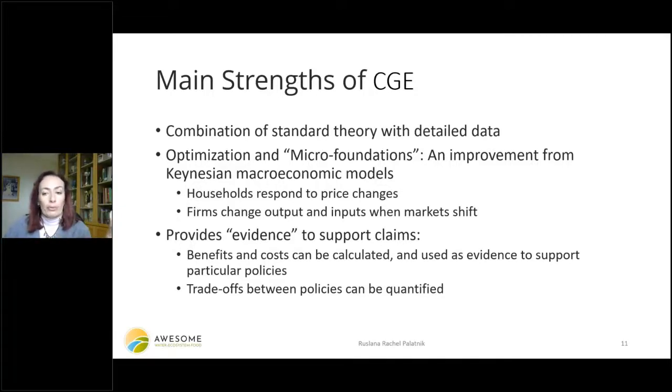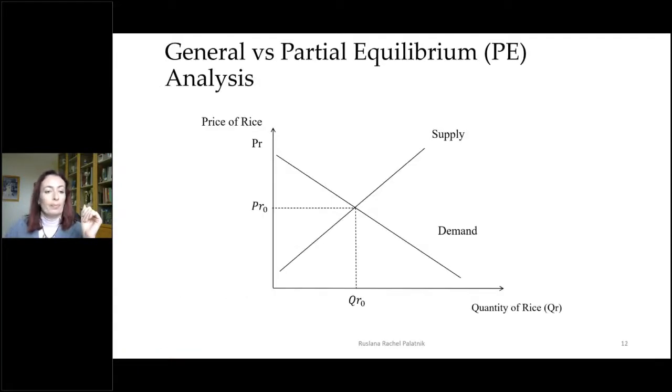This type of analysis provides evidence to support claims. Benefits and costs can be calculated and used as evidence to support particular policies. We also can identify and quantify trade-offs between different policies.